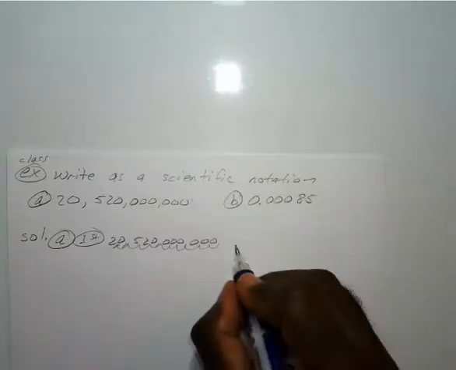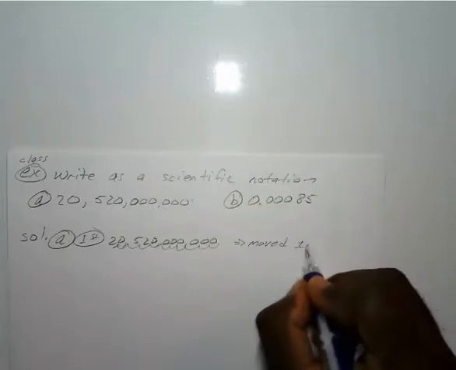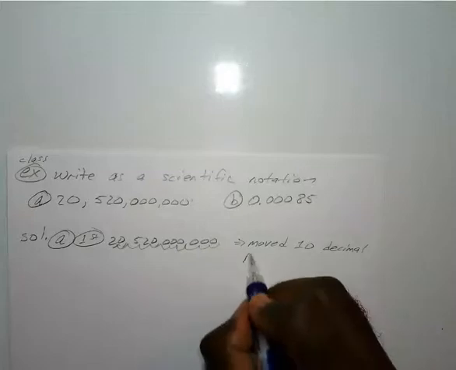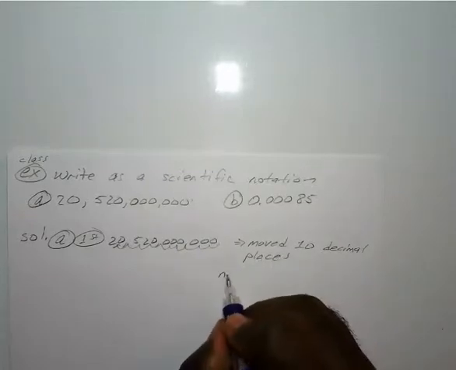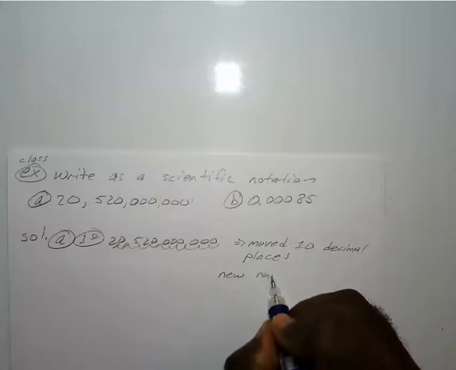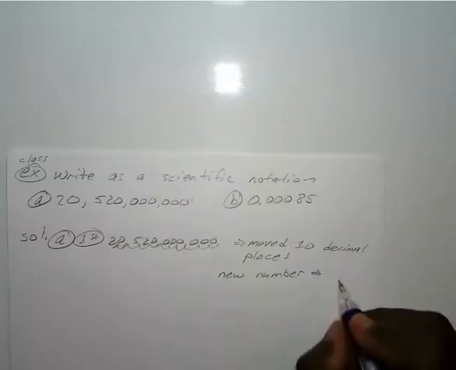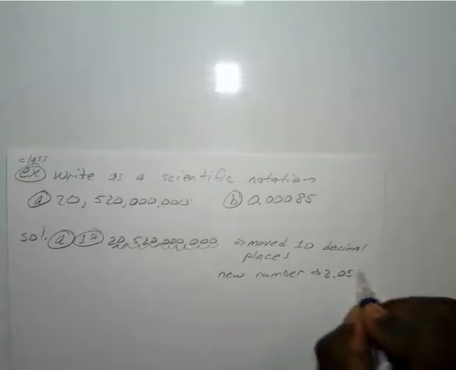So you move 10 decimal places. Okay, so that means your new number is 2.052.